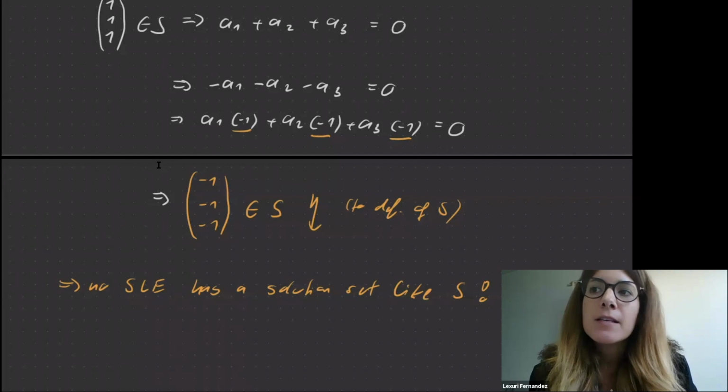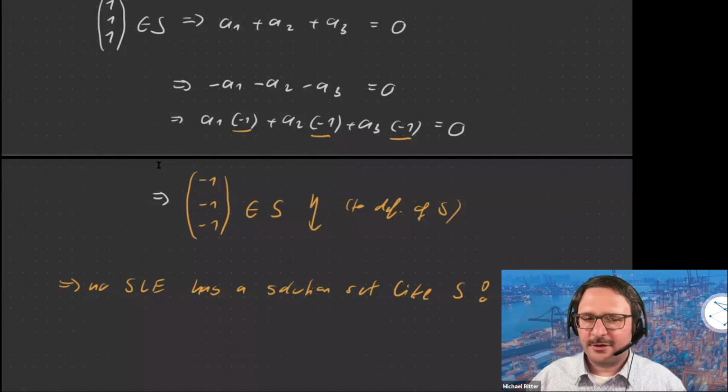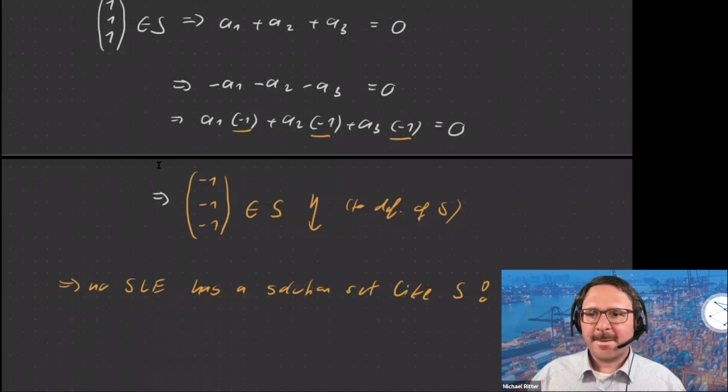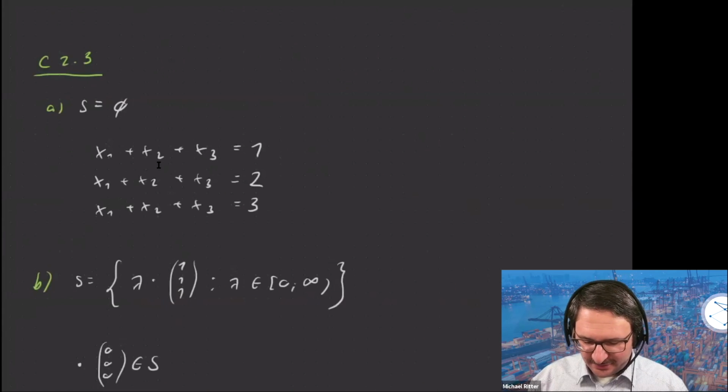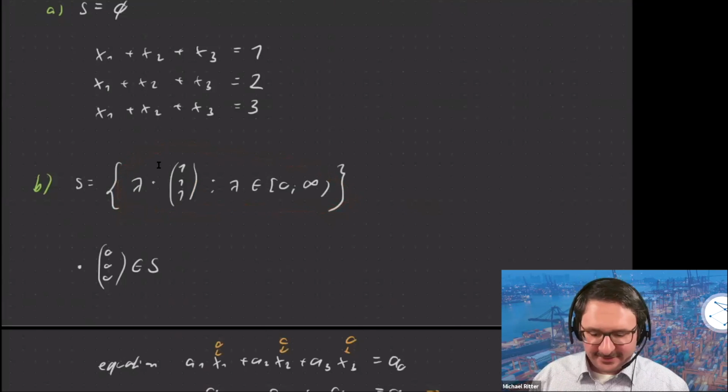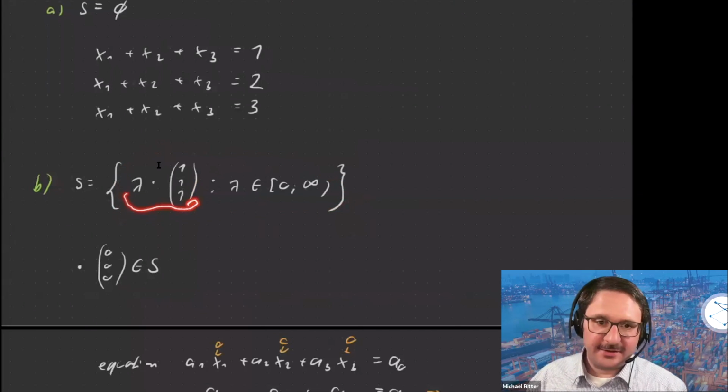So root of x1 equal to root of lambda and so on. Okay, so what that lambda does here in that context is it describes the set of solutions that we have. So if you look at that definition here, what that means is we're taking all points that can be obtained in this way.